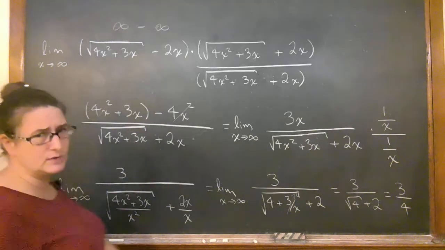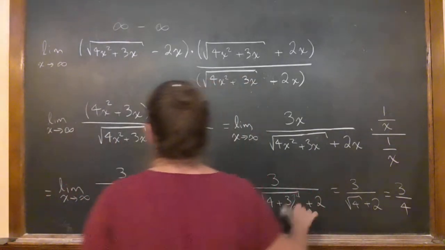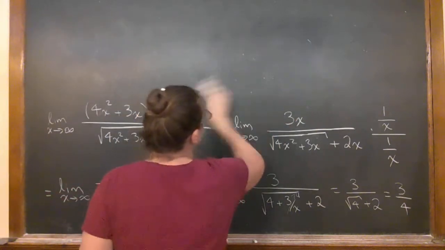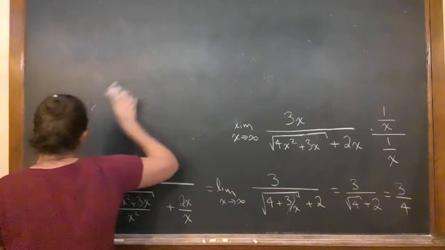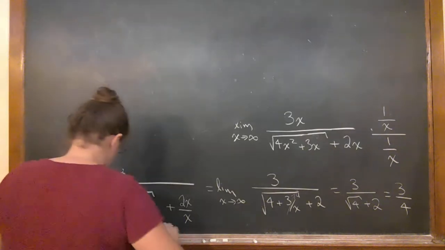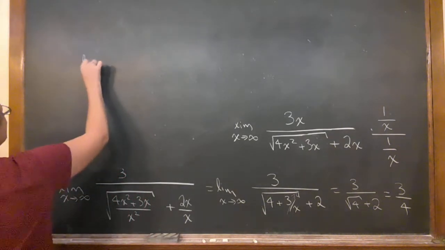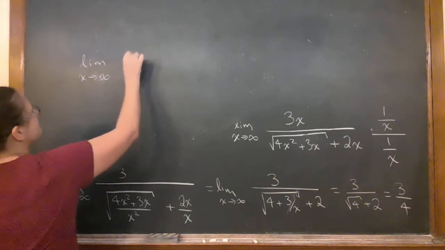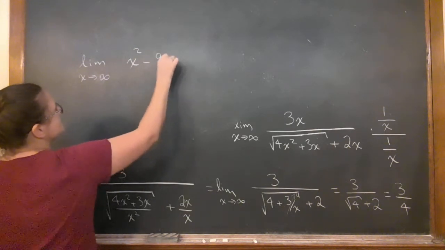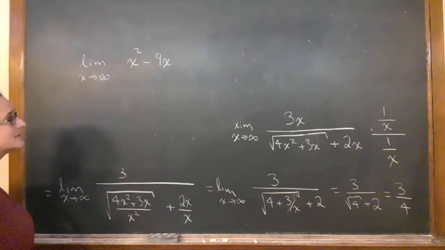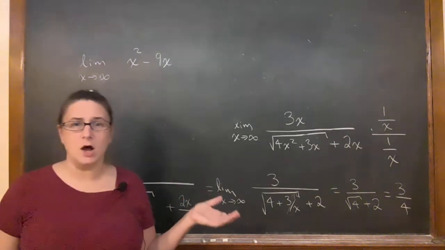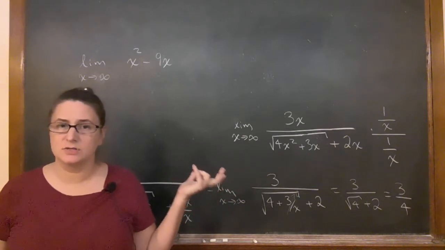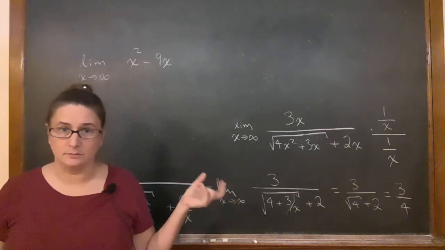Let me give you a brief example of another infinity minus infinity, which we can quickly show is not so well behaved. I can look at something sort of simple like this. You already know this basically is a parabola, so you know as x goes to infinity, it's going to be infinity, right?